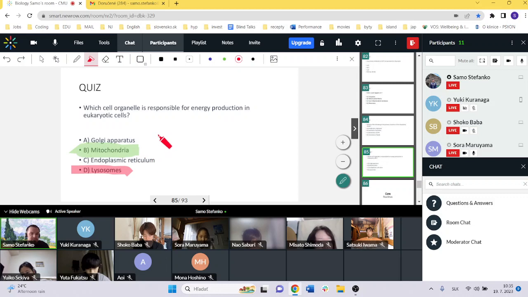What is the endoplasmic reticulum responsible for? Do you know its function?